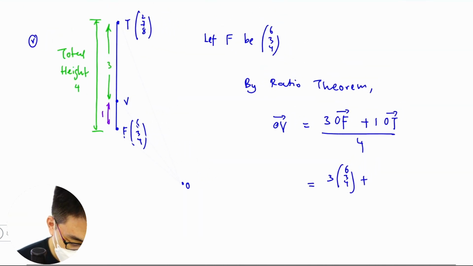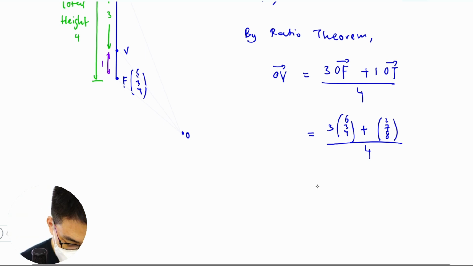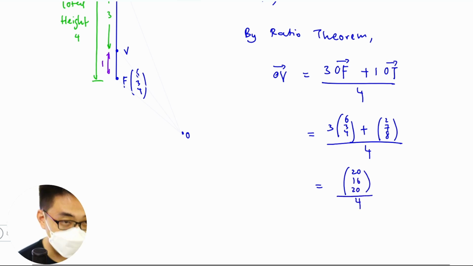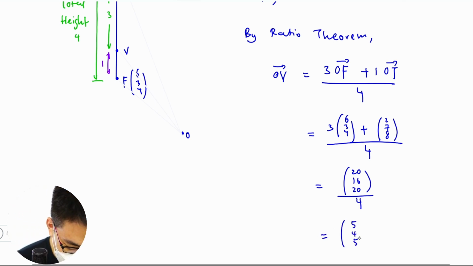OT is 278 over 4. Calculate everything out, should be the answer. 9 plus 7, 16. 12 plus 8 is 20. I really hope that's the answer, man. It seems like it. This is 5, 4, 5.